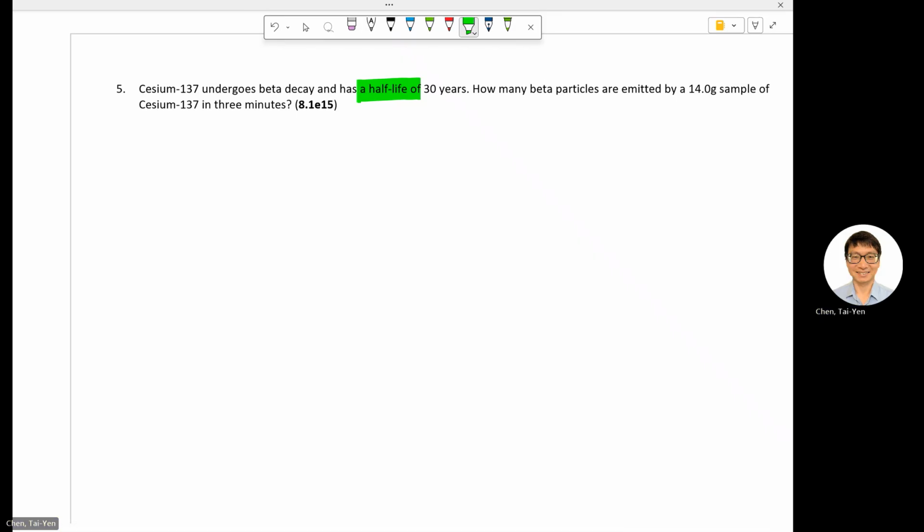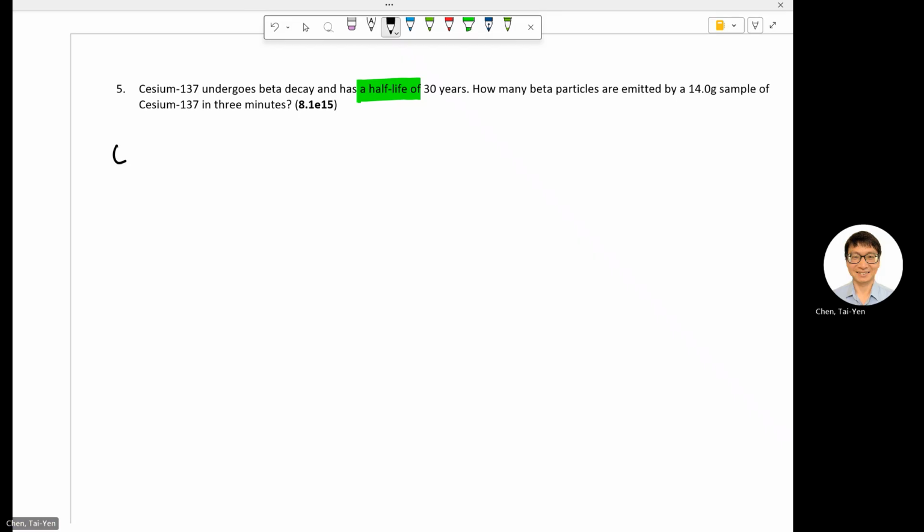Once you see the half-life, you know there's only one equation you can use: natural log of At over A0 equals negative kt. That's going to be the central concept we use to solve this problem, so make sure you know that.